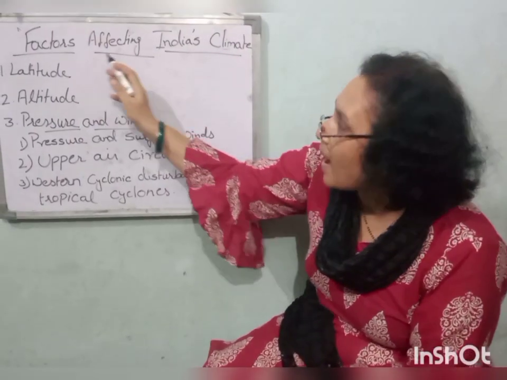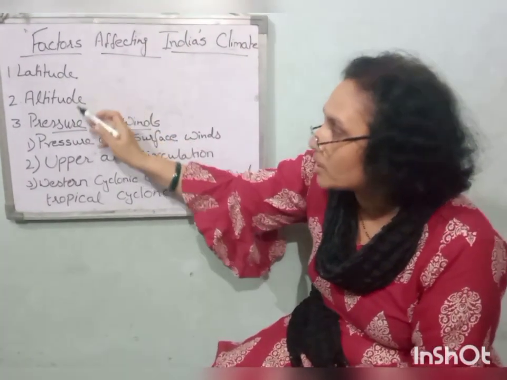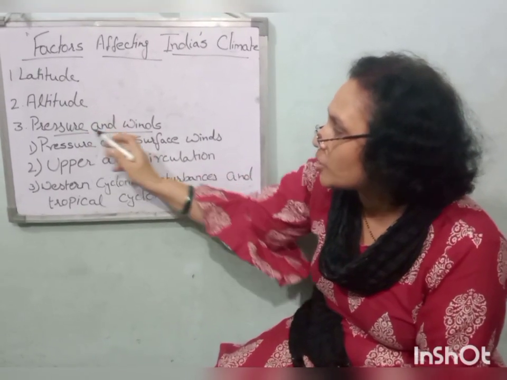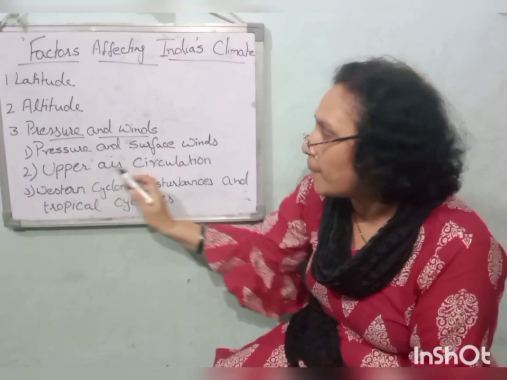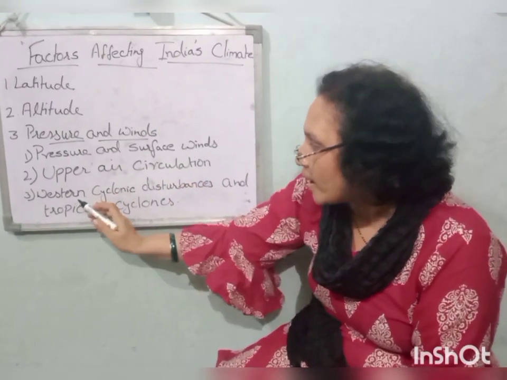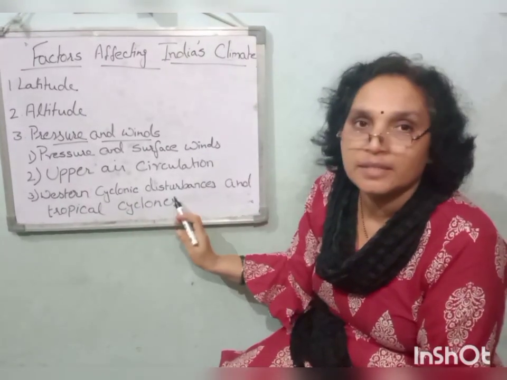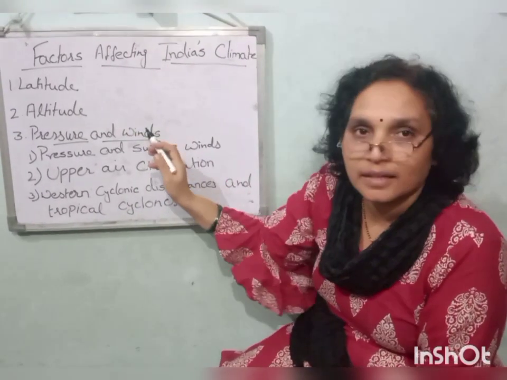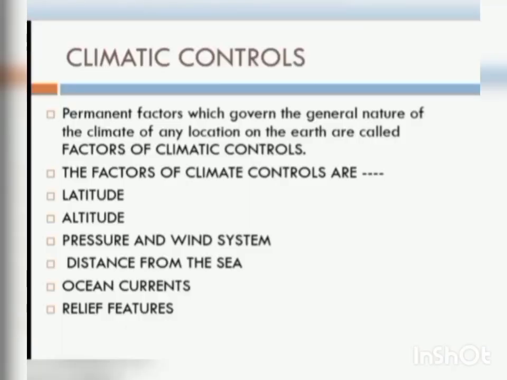Let's see the factors affecting India's climate: latitude, altitude, pressure and winds, pressure and surface winds, upper air circulation, western cyclonic disturbances, and tropical cyclones. Let's discuss one by one. Climatic controls.